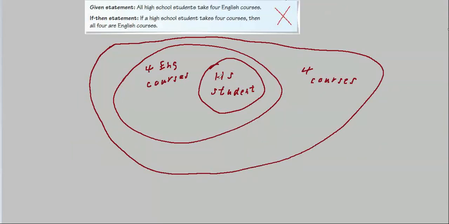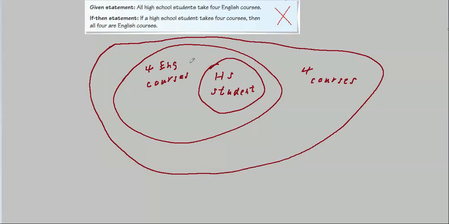All high school students take 4 English courses. So we take the property of 4 English courses, draw a big circle there, and inside that we put high school student, because all high school students take 4 English courses.